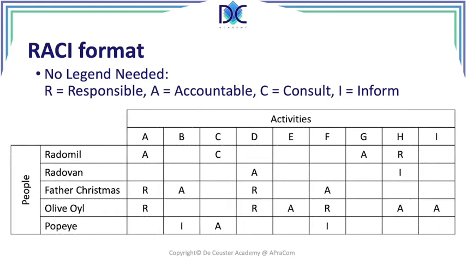Now, like we had the primary lead in the previous format, we here have the accountable. There can only be one and only one person accountable for one activity. Having more than one person accountable is not acceptable, but we have to have at least one person accountable.